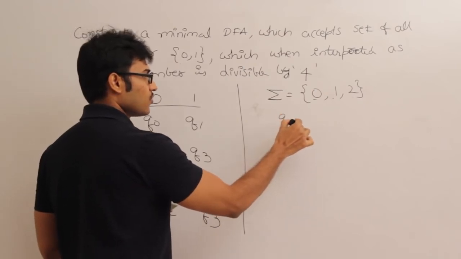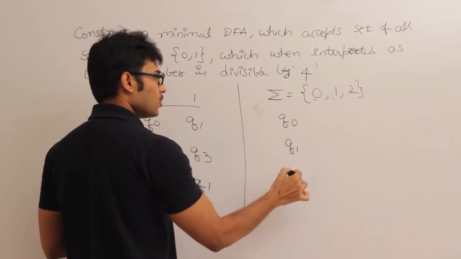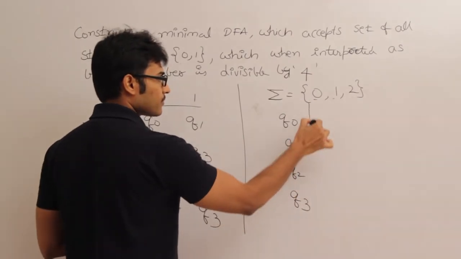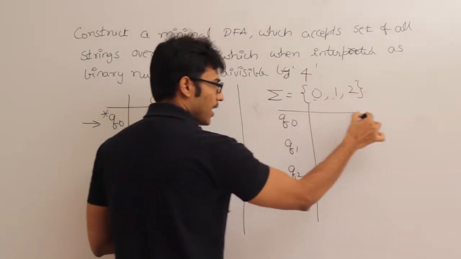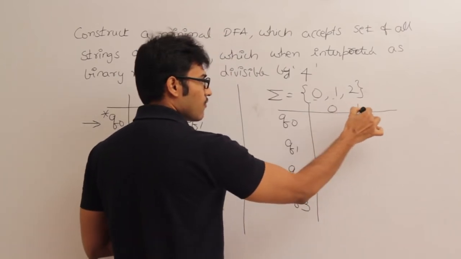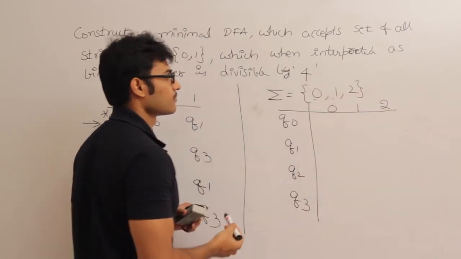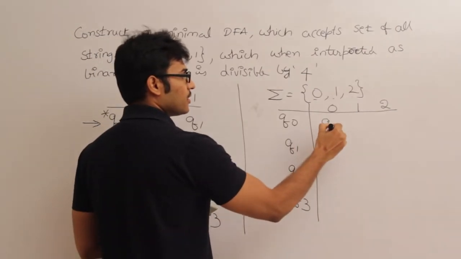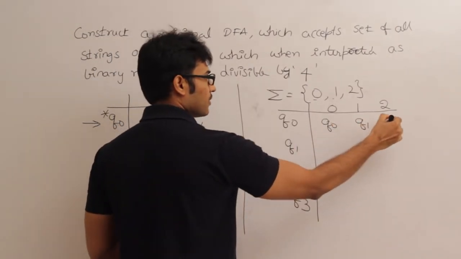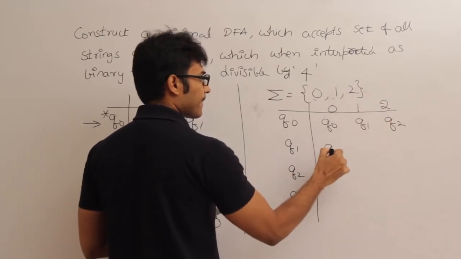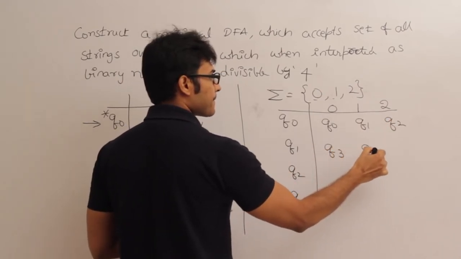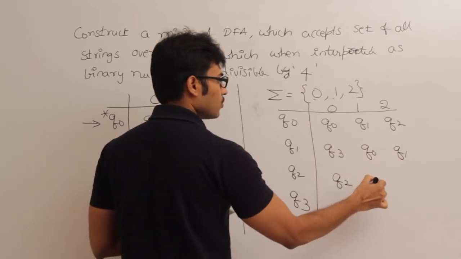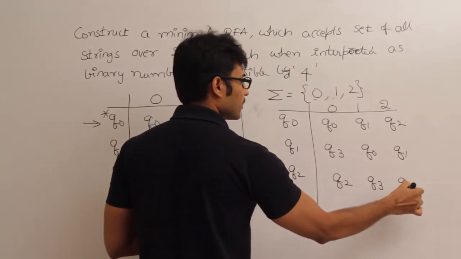How many states? 4 states: Q0, Q1, Q2, Q3, and the input is 0, 1, 2, right? So how should you write it? Directly Q0, Q1, Q2, Q3, Q0, Q1, Q2, Q3.